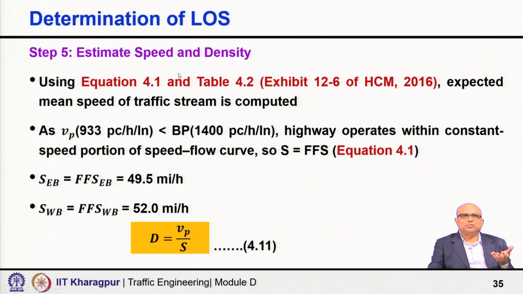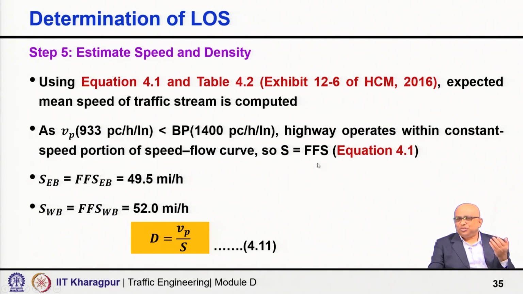Once we know that, we come to the equation for the speed, because we have to check first whether the flow is less than BP. The BP here is calculated as 1400, so the highway operates in the constant speed portion.